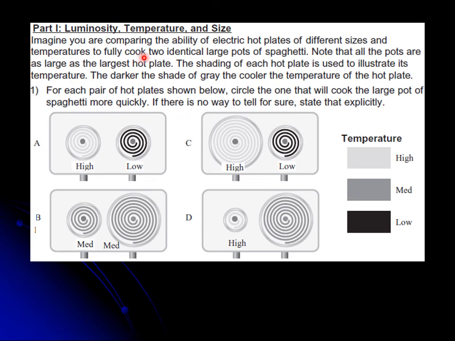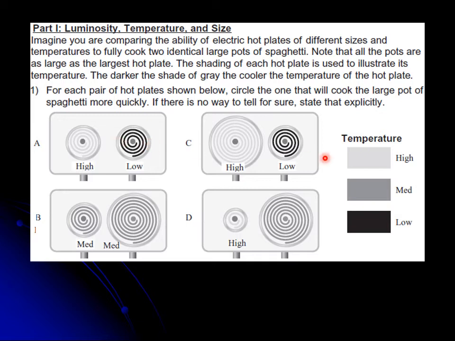Okay, part 1, luminosity, temperature, and size. We're given these 4 cases in which they represent heaters on the stove, and they vary by temperature and they vary by size.